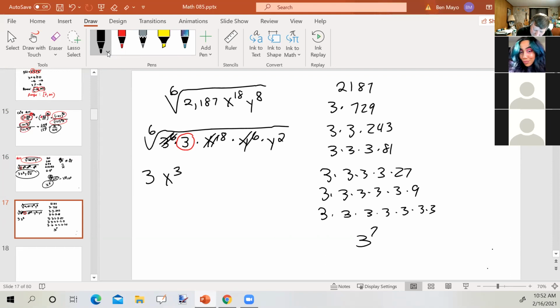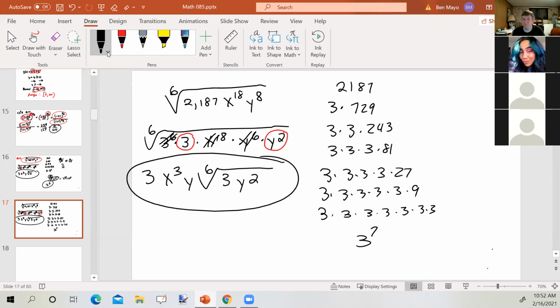The 6th root of y to the 6th power is y, outside. The 6th root of y squared is stuck inside. So I've got 3x cubed y times the 6th root of 3y squared. Any questions about that? No, I think I got it.